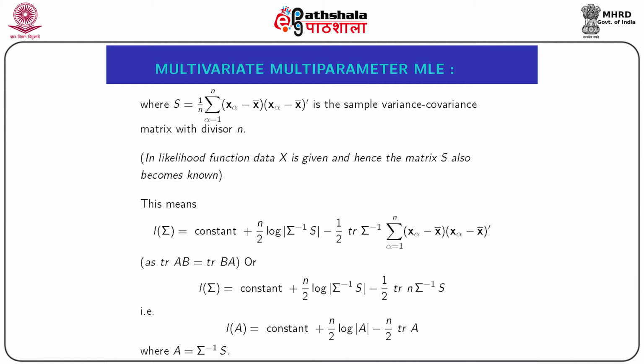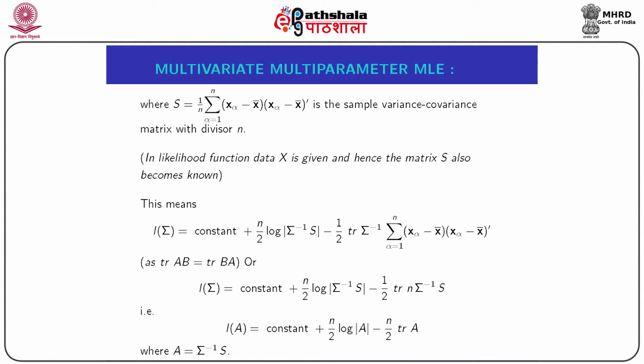Now, in the expression of log likelihood as a function of sigma, it is to be noted that in any likelihood function, data X is given and hence the matrix S also becomes known.